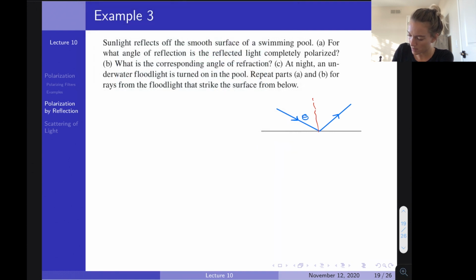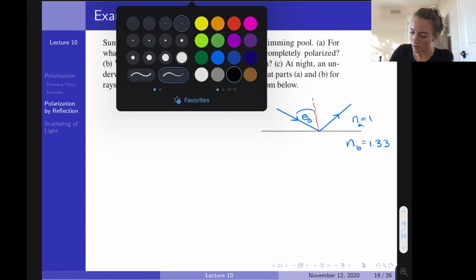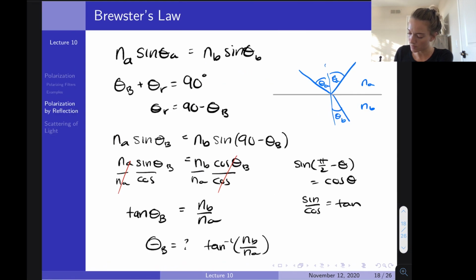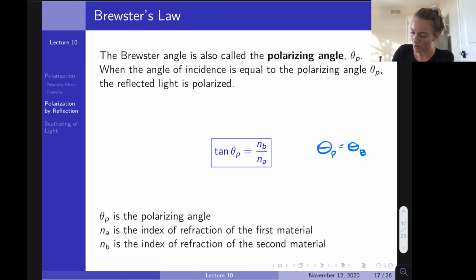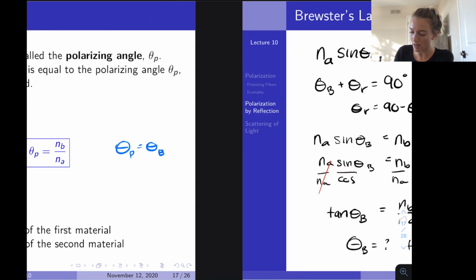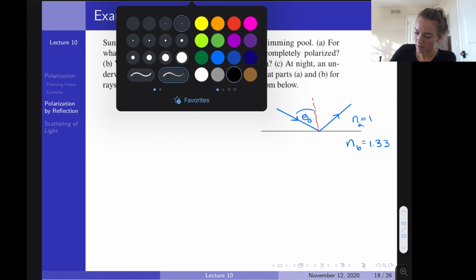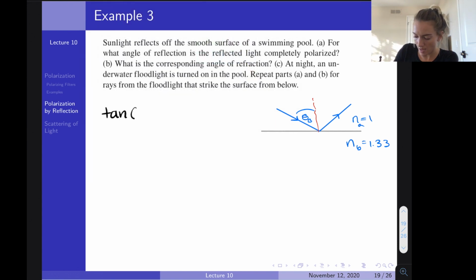So what is our Brewster angle here? And we know that the index of refraction of our first medium, which is air, we're just going to take to be 1. And our index of refraction for the second medium is water, which is 1.33. So we can just look right back here to our equation where we have tan theta_B is equal to n_B over n_A.